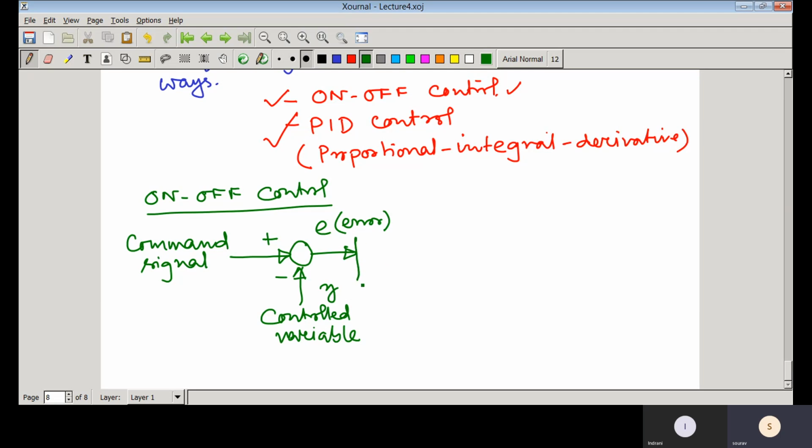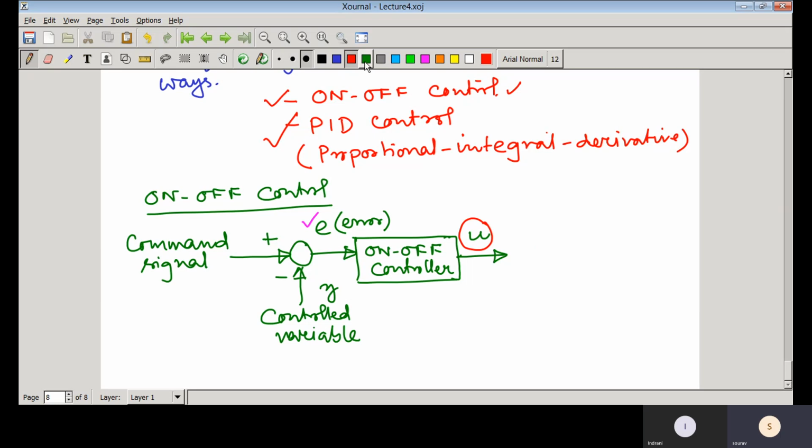Now we have the on-off controller. Depending on this error signal, the on-off controller generates a control input U, which is the corrective action fed to the plant.